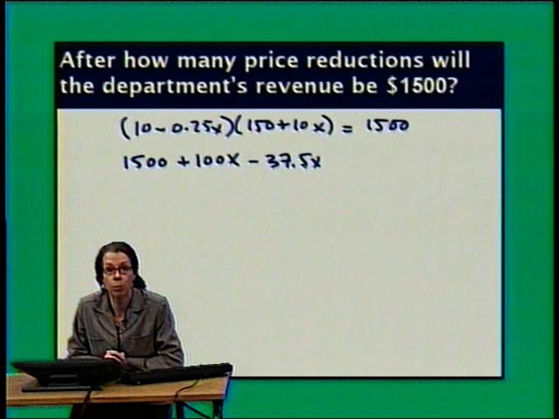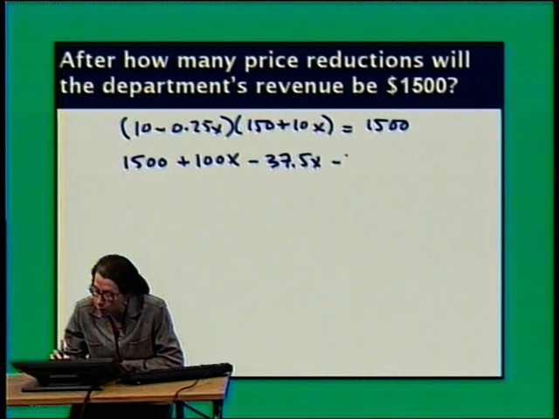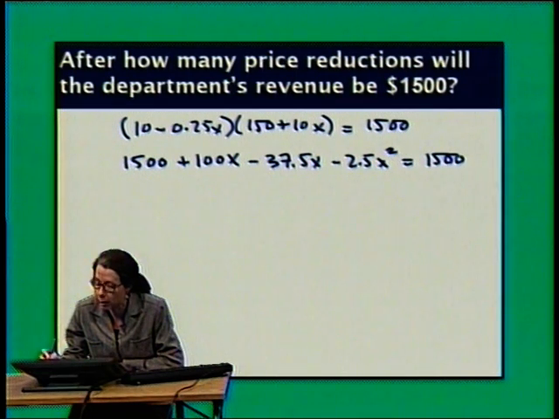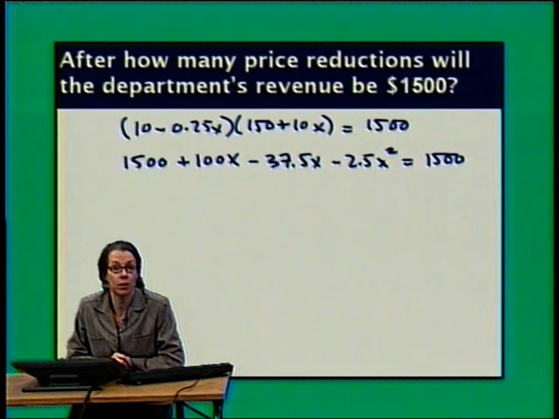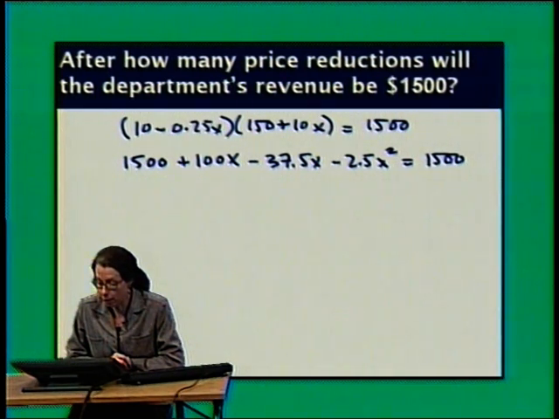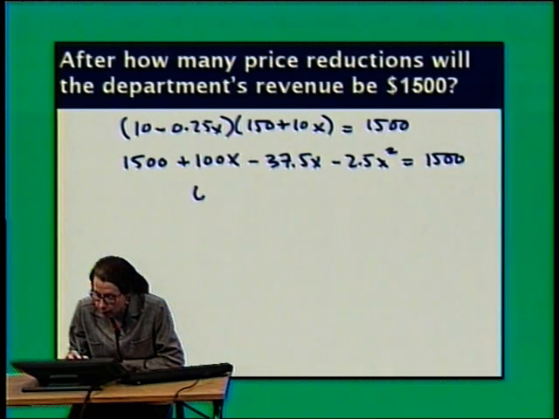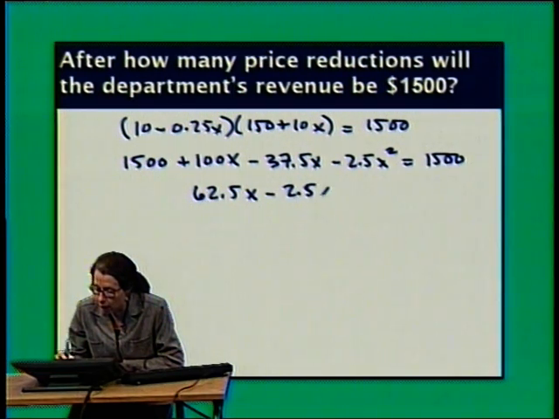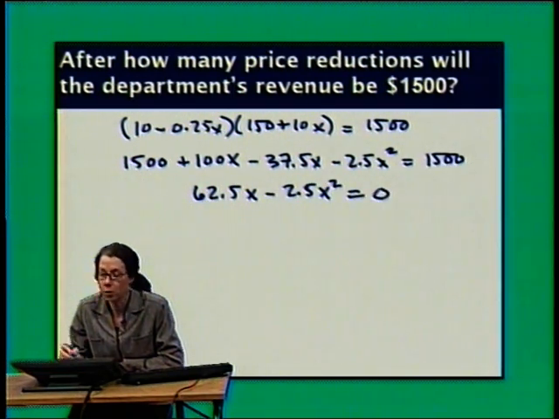And then finally, the product of the last terms is minus 2.5x squared. This equals 1,500. I have a constant term of 1,500 on both sides. So when I simplify, I end up with 62.5x minus 2.5x squared equals 0.